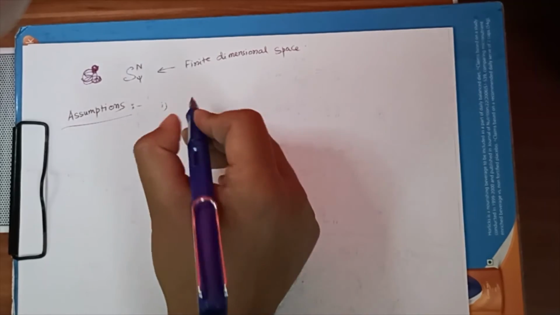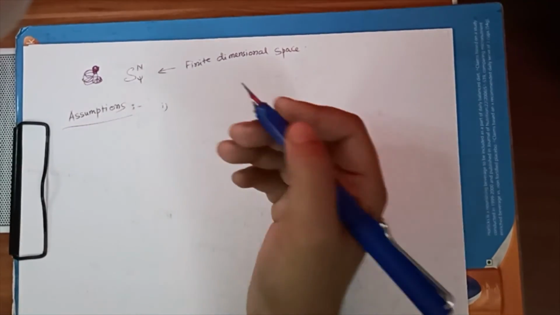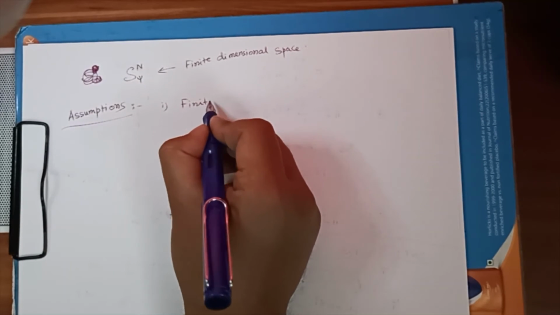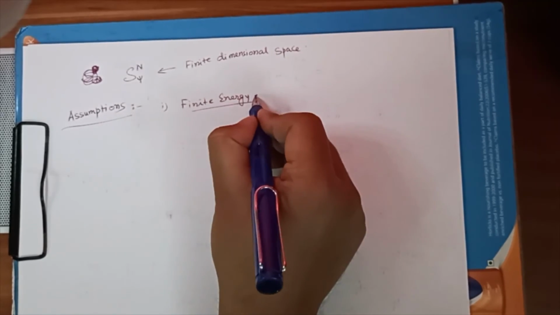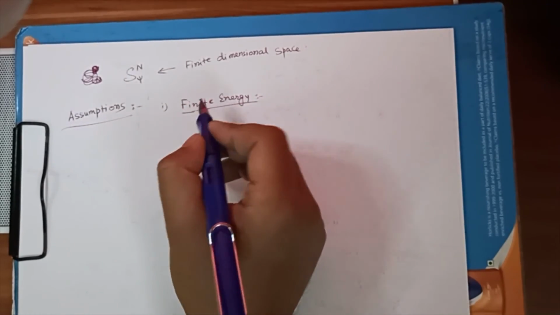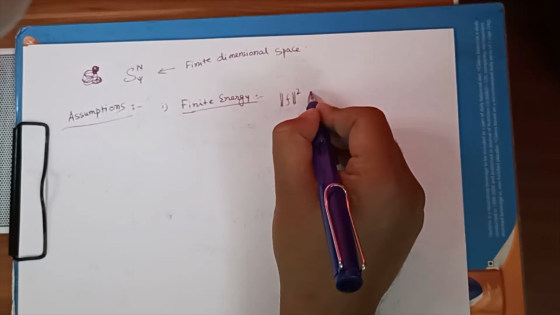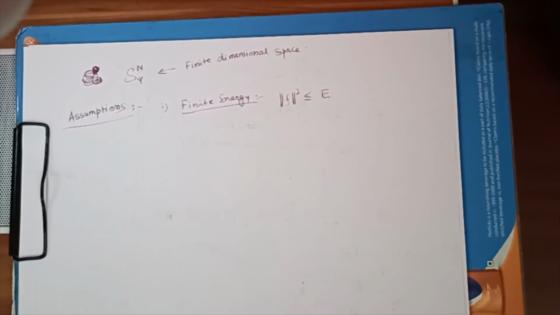One is that the signal has finite energy, which is obvious. So these are L2 signals. It has some finite energy. This is a subspace of L2. And I assume that the maximum energy of such a signal is say some E. That is the maximum energy.